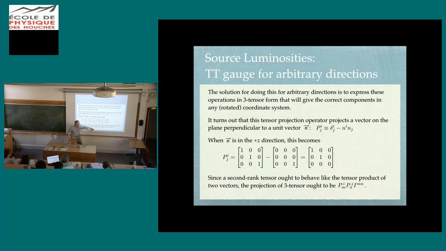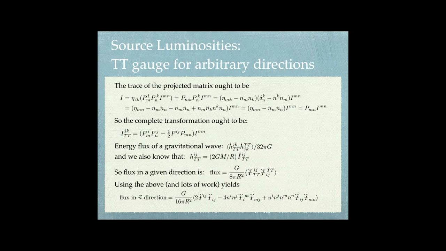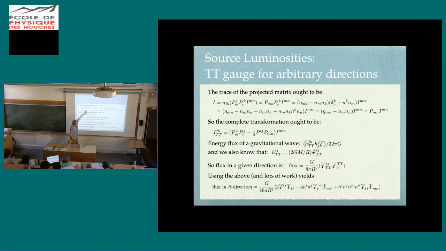Two projections. Basically, in matrix form, you'd sandwich the matrix in between the two projection operators. So that projects you, and then the trace of the projected matrix ought to be, and you do a lot of calculations, and you have that projection operator multiplied times the trace, basically multiplying both indices, operating on your second rank tensor.